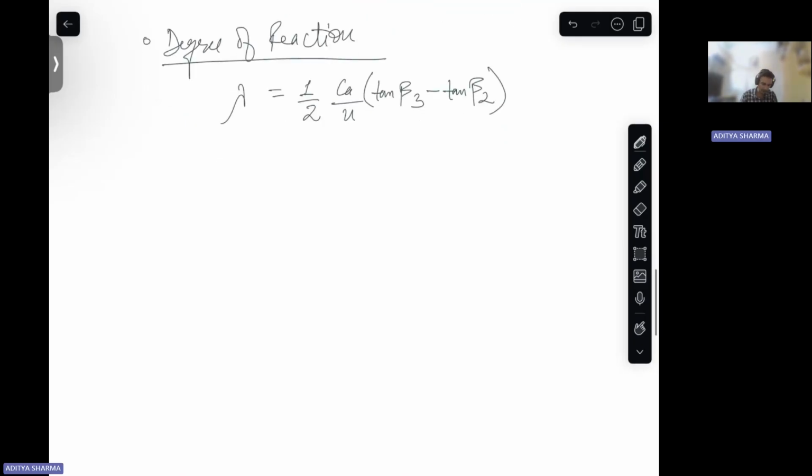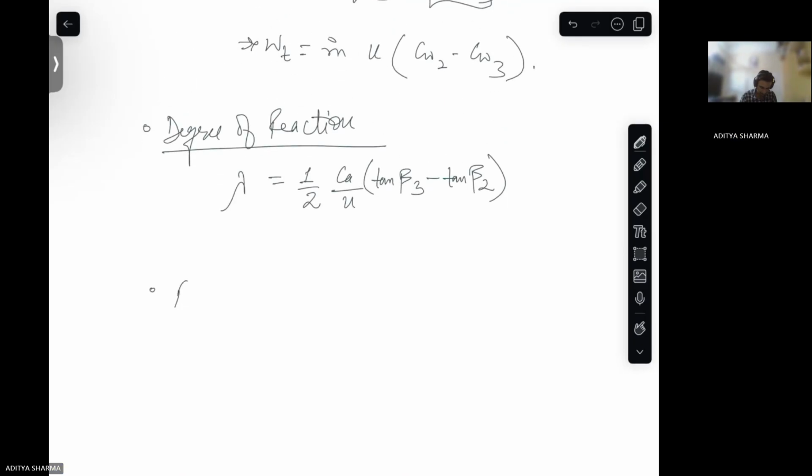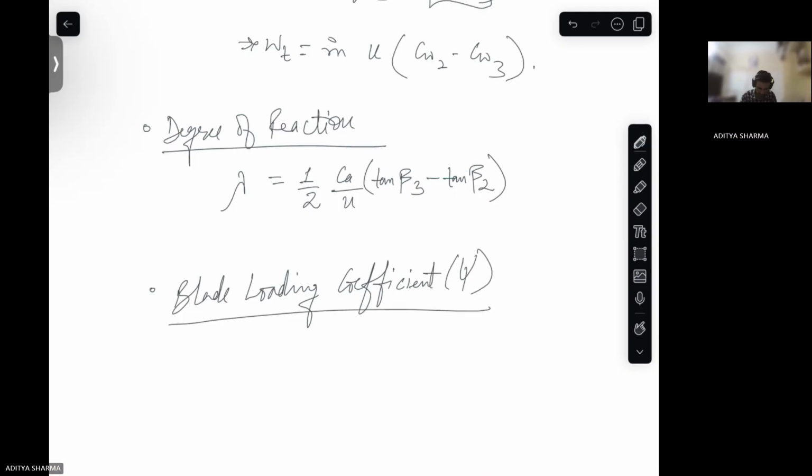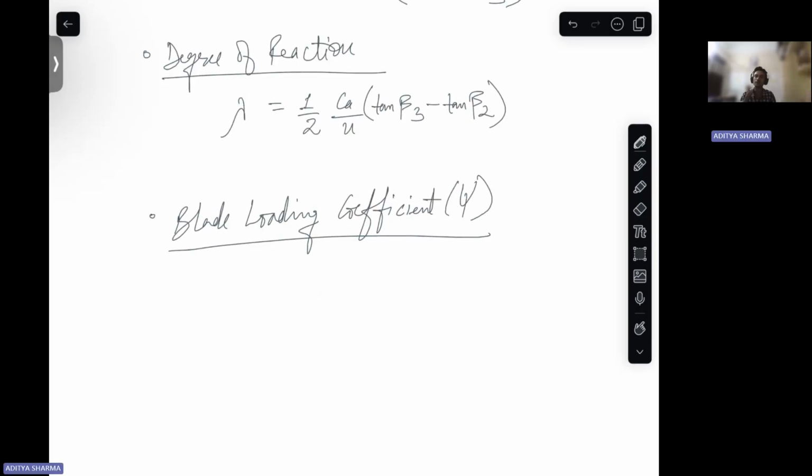Then there is the blade loading coefficient. This is psi. Blade loading coefficient is basically with respect to the blade energy that we have in this turbine, related to the velocity of your rotor blade.